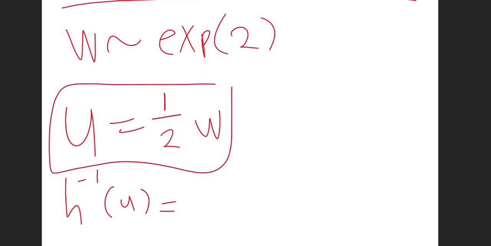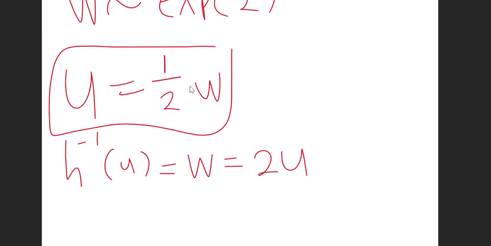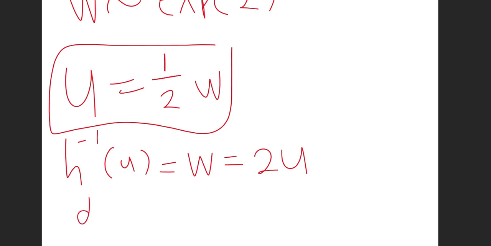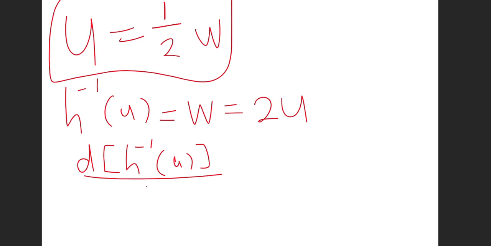By the inverse, I mean we have to solve for w, making w the subject of the formula, which gives w equals 2u. The derivative of this with respect to u is going to be equal to 2.